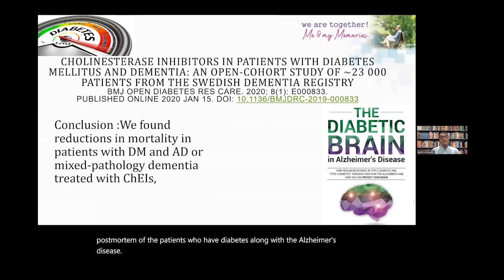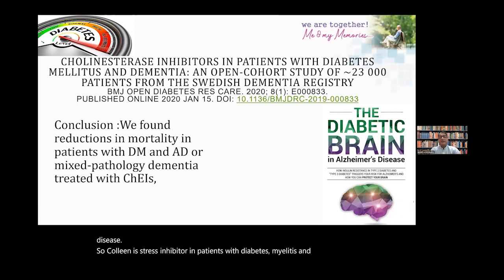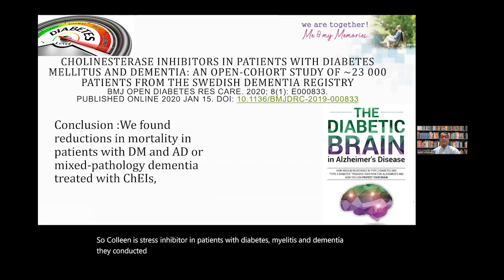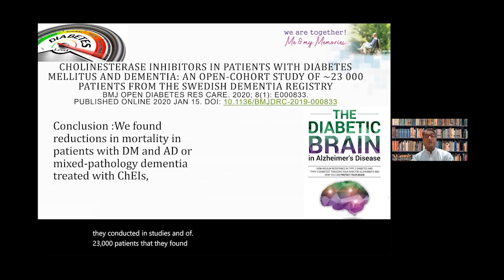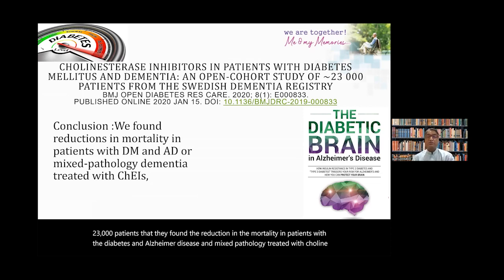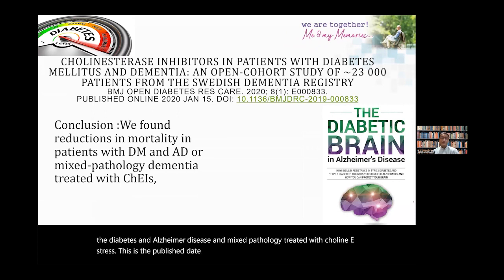Cholinesterase inhibitors in patients with diabetes mellitus and dementia were studied in 23,000 patients. They found a reduction in mortality in patients with diabetes, Alzheimer's disease and mixed pathology treated with cholinesterase inhibitors. This is published data, published in Diabetic Brain in Alzheimer's Disease.